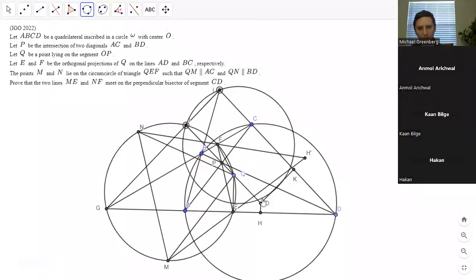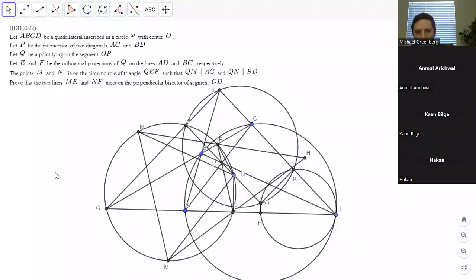So we have this and this, and we want to show H prime lies on the radical axis. Okay.